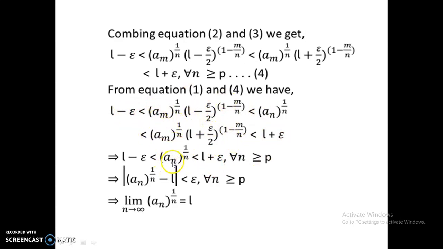That means the limit of a_n power 1 by n equals L.